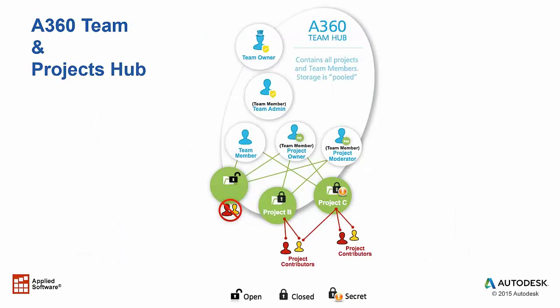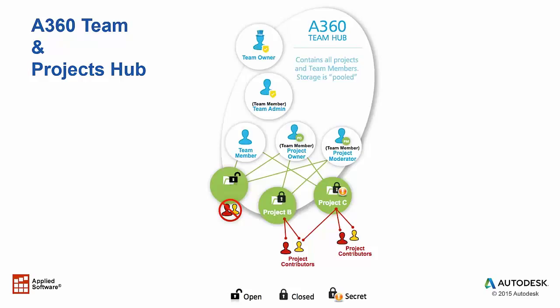So how is the team set up in A360 Team? Basically, you have a team owner that assigns an admin person, and that person will select the team members, and they can access different projects, project A, project B, project C, and they can give access rights to different project stakeholders.